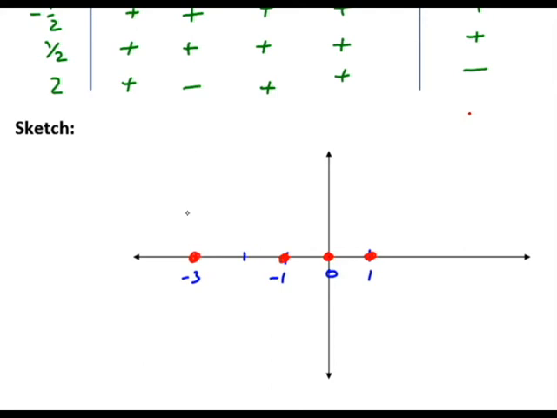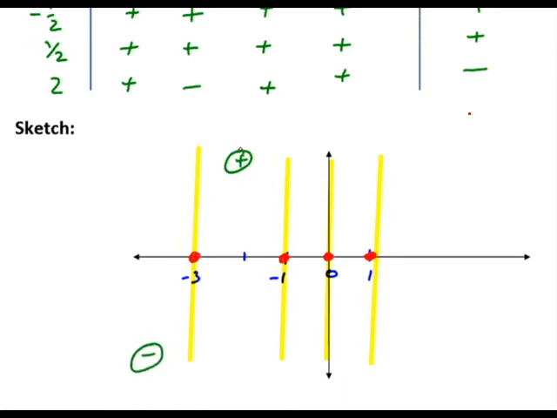It's not necessary to draw these dividers, but I find that it's helpful when learning this technique. And now we mark our intervals. We had a negative interval, positive interval, a positive interval, a positive interval, and finally a negative interval. We read this from the number line chart.